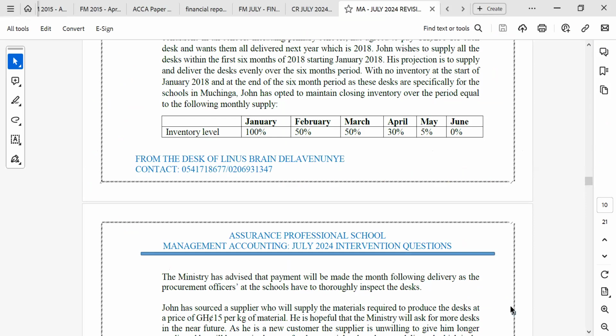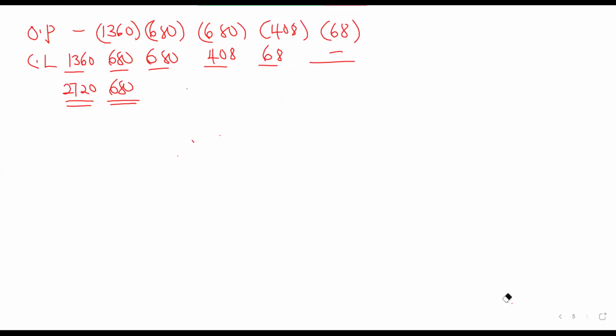So we have to produce 1360 two times. One will be given to the sales department. That is what they want to sell. And one will be kept with us, which is 100%. So we will give 1360 to the sales department and we keep what? 1360 with ourselves. It means that we have to produce 2 times the what? The demand. That is 100%. So I have the 1360 plus the closing stock of 1360. That is 2720. All right.